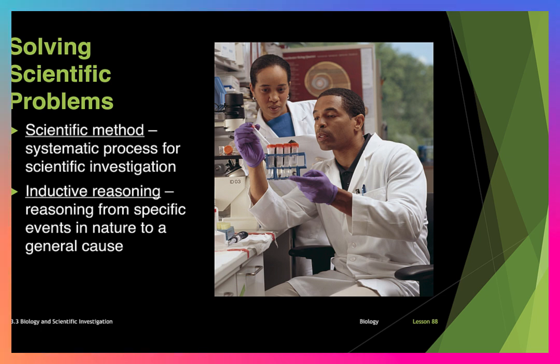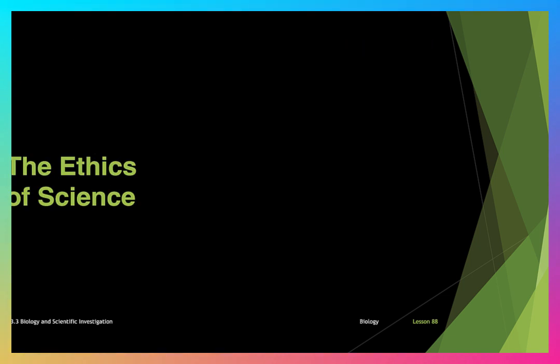Inductive reasoning, you look at a series of specific events and you hypothesize or talk about a general cause for those events. The scientific method is a way of systematically invoking inductive reasoning.